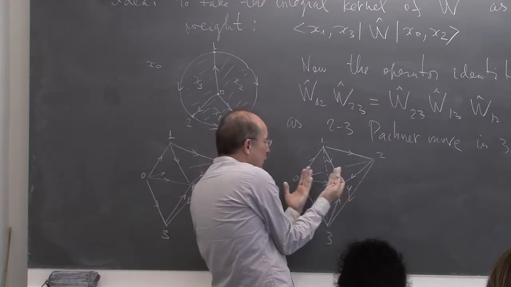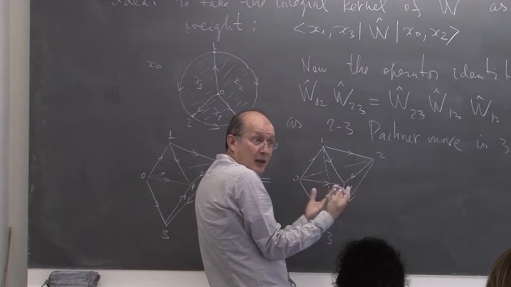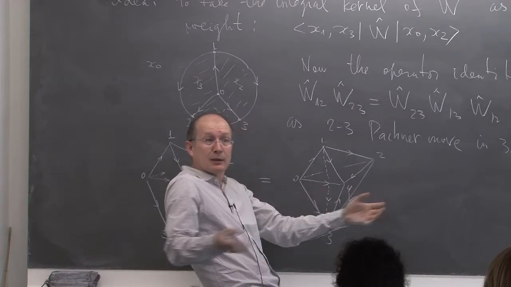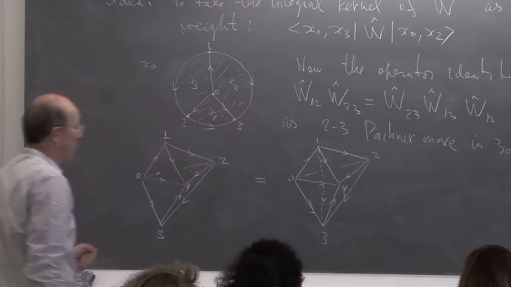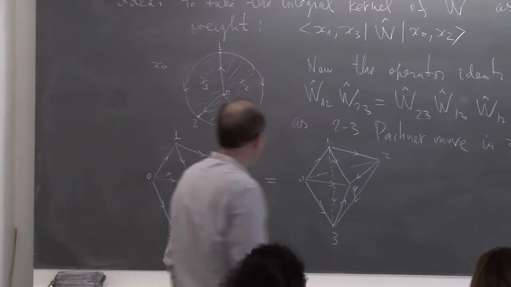These 3 triangles meet at this edge, and then the wooden piece splits into 3 tetrahedra, right? So that's the meaning of this 2-3 Pachner move.